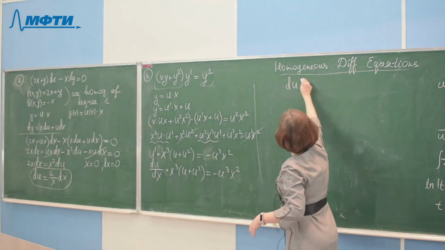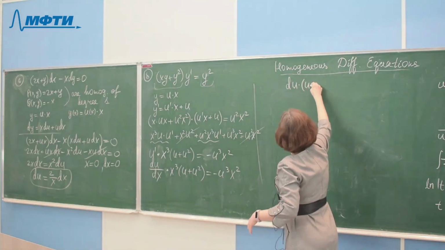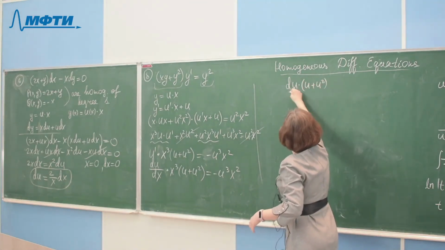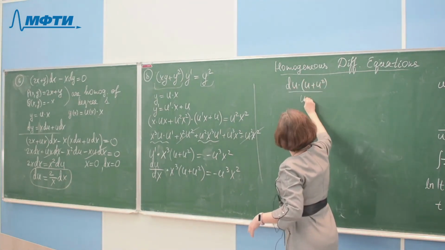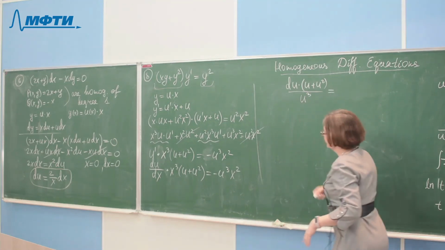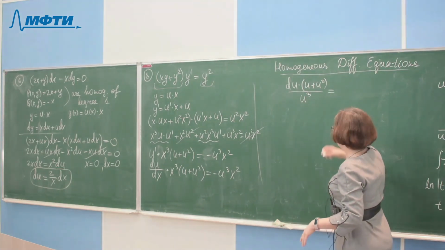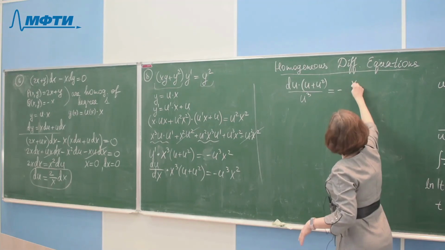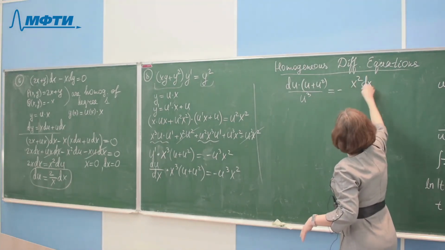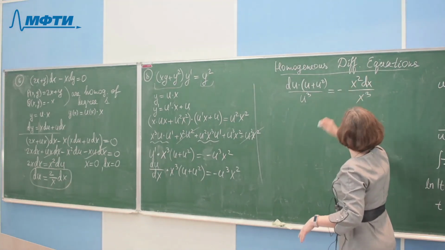So du is multiplied by u plus u squared and divided by u cubed, and it is equal to minus x squared dx divided by x cubed.